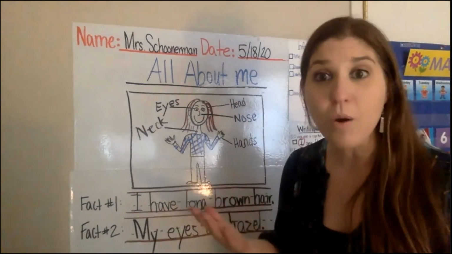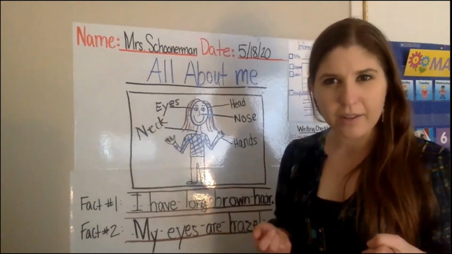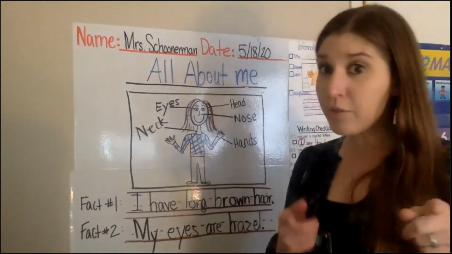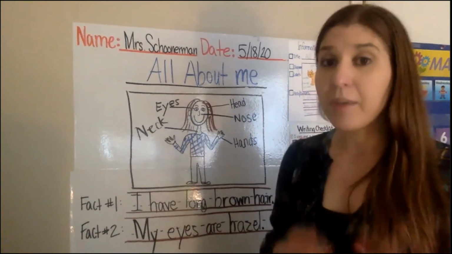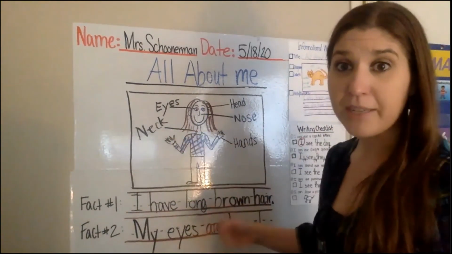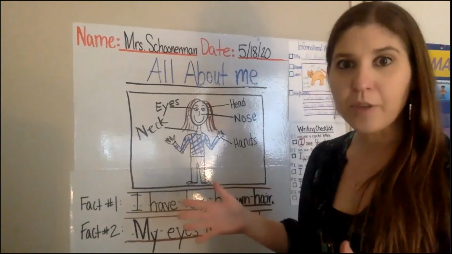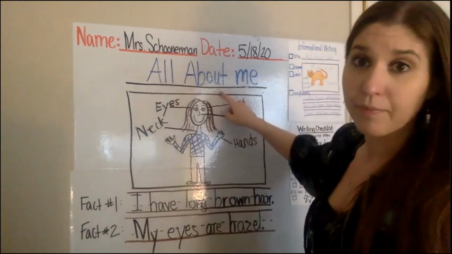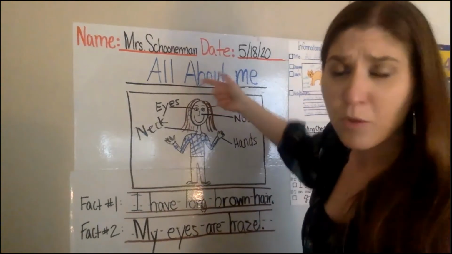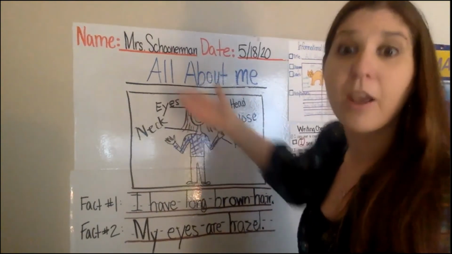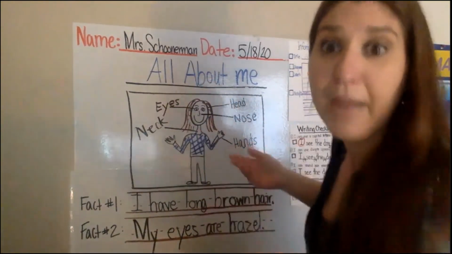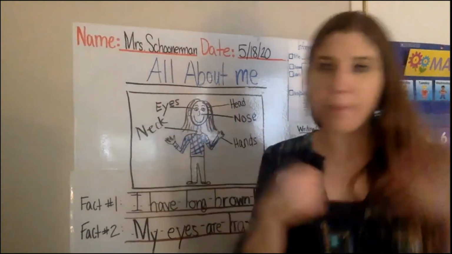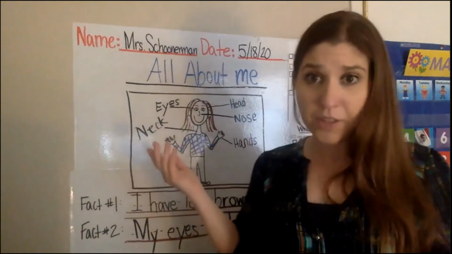Okay, so we just started this informational writing piece together, but you still have some work to go, because your facts, remember, are going to be different than mine. Let's review. The informational writing piece, you need to have a title. And maybe you want to write a different title. Maybe your title is going to be all about, and then you're going to put your name. Or maybe your title will be Parts of My Body. That'd be a really cool title too.